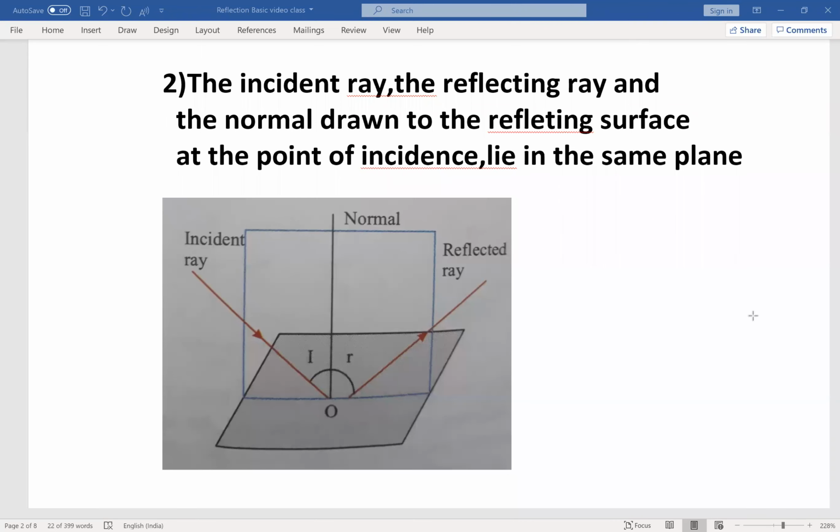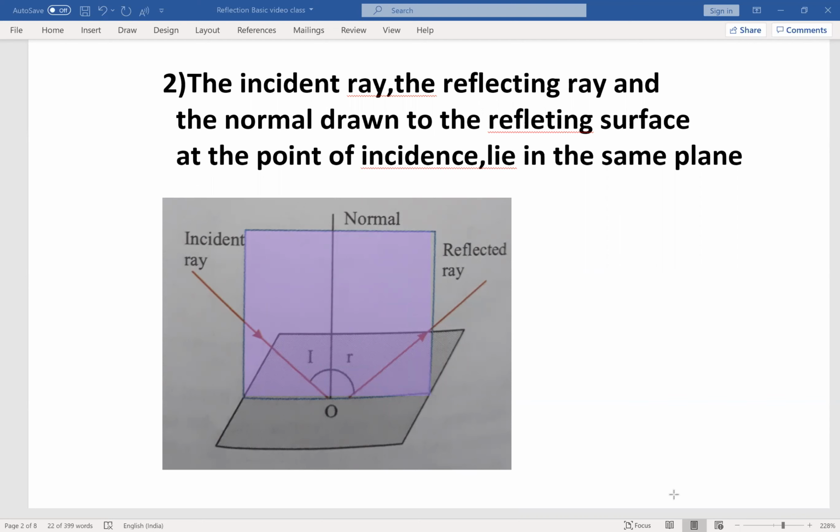Let me show you the plane which contains this incident ray, normal, and reflected ray. See, this is the plane in which the incident ray, reflected ray, and normal will be present.